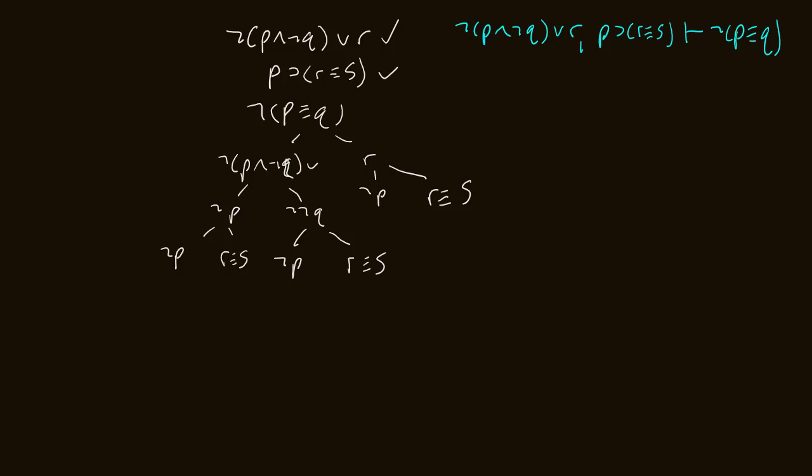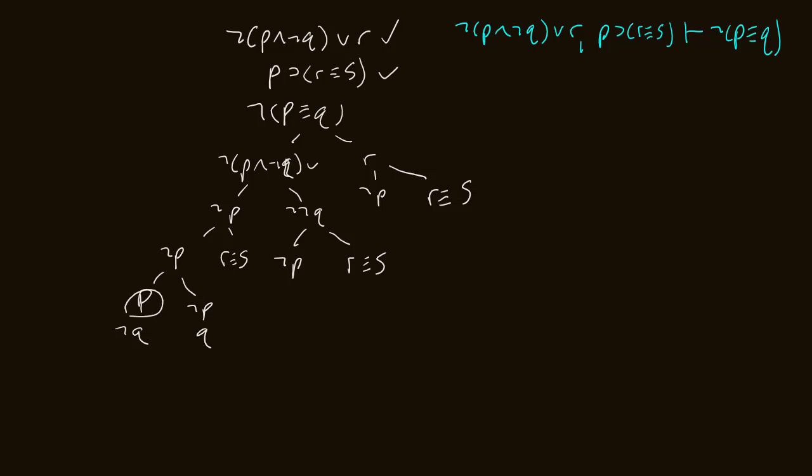Here's what we're going to do to it. That's going to become P and not Q. I'm pretty sure. So it becomes P and not Q, and it also becomes or not P and Q.